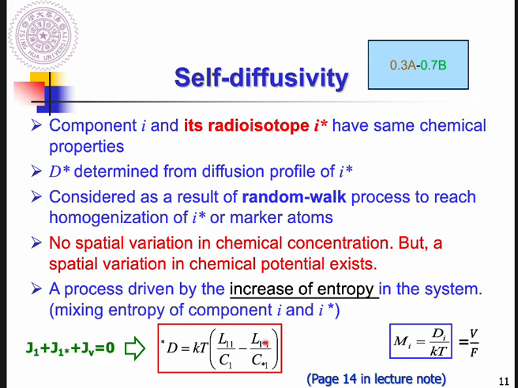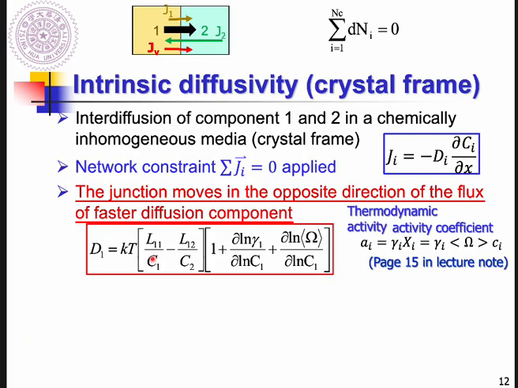The only difference, 1 star to become 2, is identical. So the first term actually is self-diffusivity, right? And I just use 2 to replace the star 1, radioisotope 1. But let's look at the additional special term.